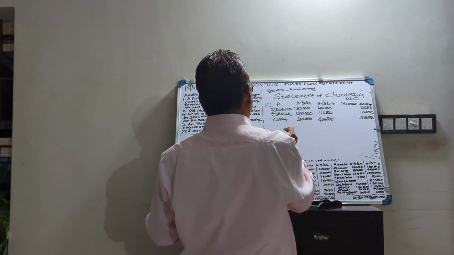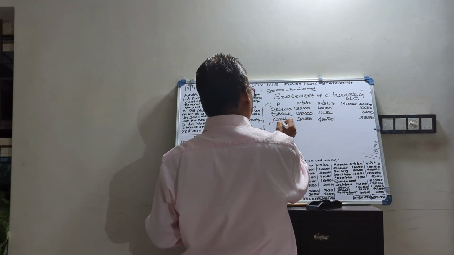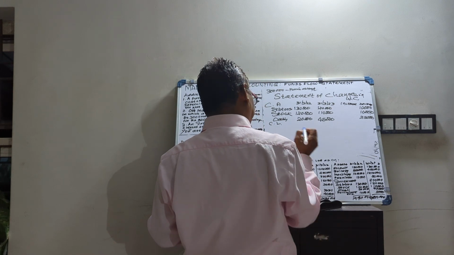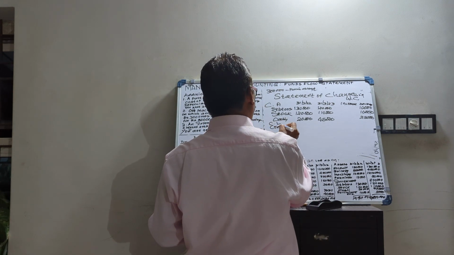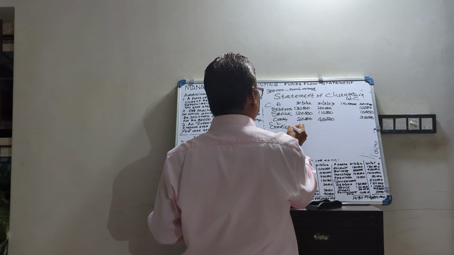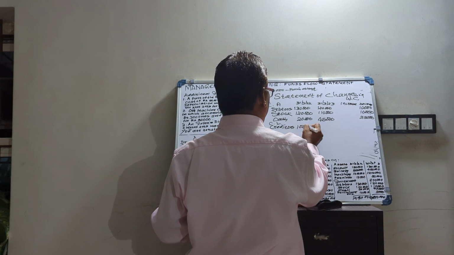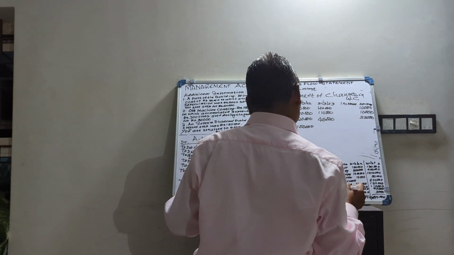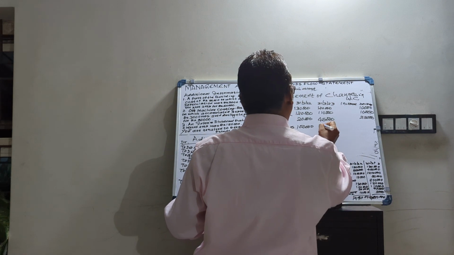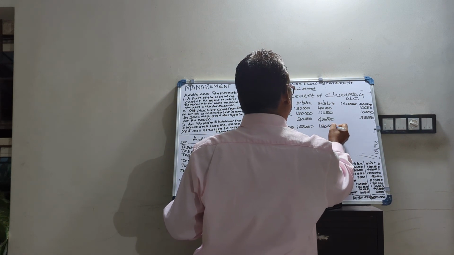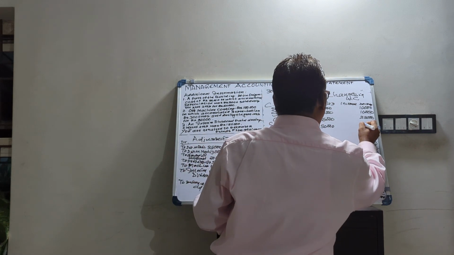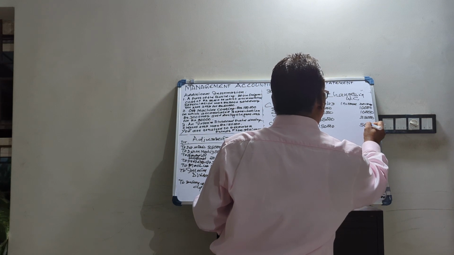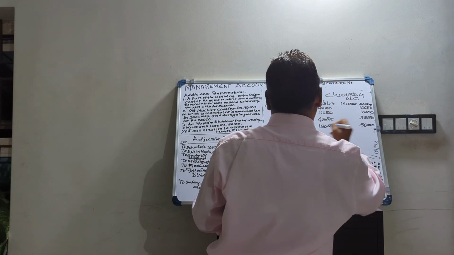Now this is current assets, then current liabilities. Creditors, beginning was 1 lakh, end was 1,50,000. So a 50,000 increase in creditors means there is a decrease in working capital of 50,000.